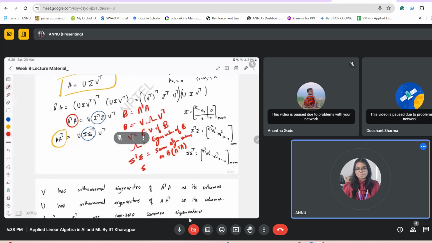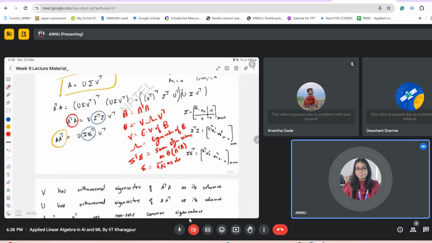Sigma will have root over lambda i as diagonal elements, not lambda i. So this first equation states this.